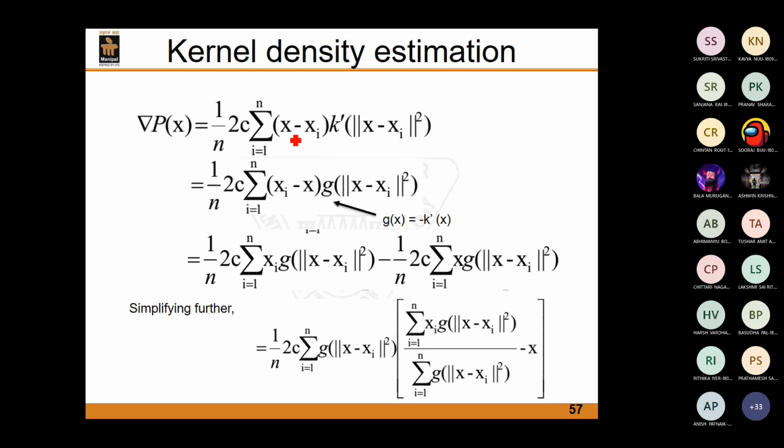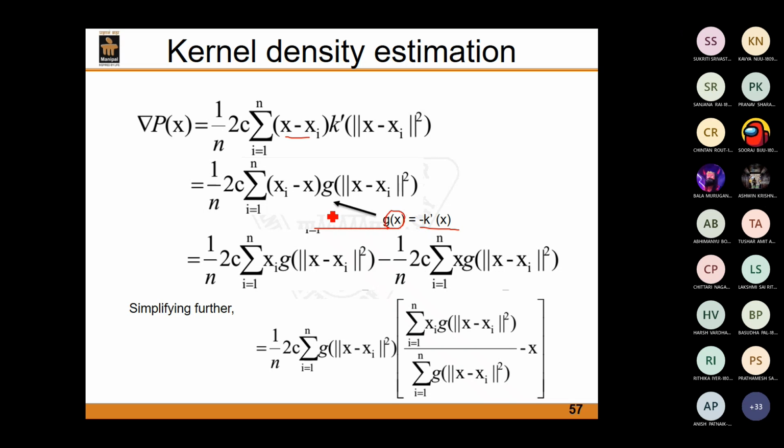All you are doing is taking the minus outside, so you get minus k dash as a function of the distance. If you replace minus k dash as a function of distance by g of x, you get this particular expression.